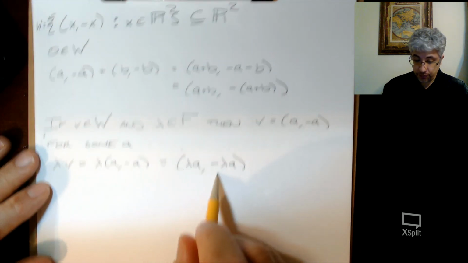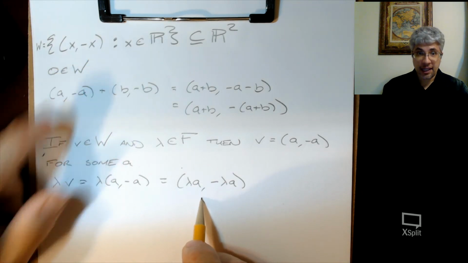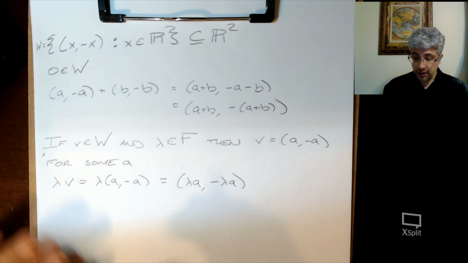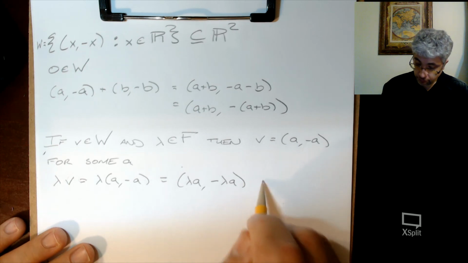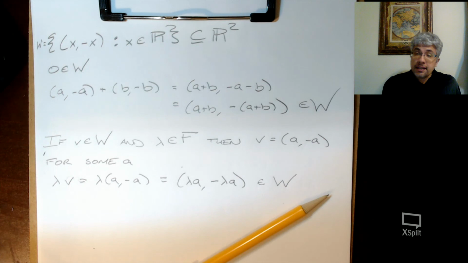And this is of the form (x, minus x): just set x equal to lambda A. I see that this is also in W. So this is in fact a subspace. And this is going to be a general thing. In general, we're always going to get a subspace. Let's show that in another video.